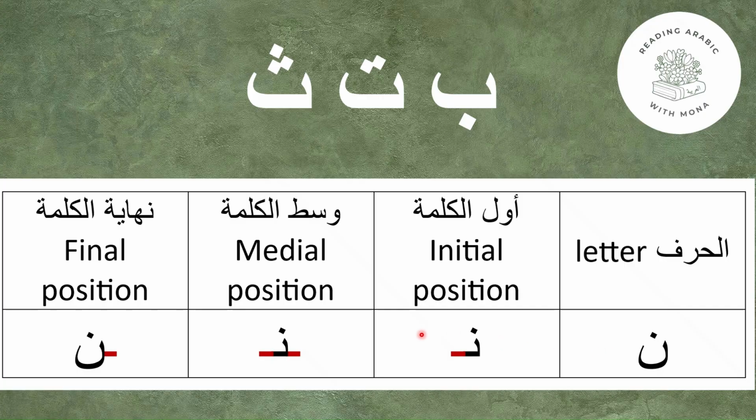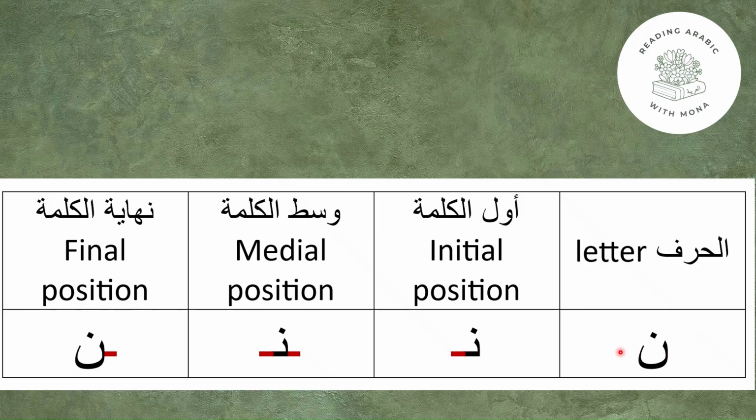When they are in the initial and medial position, they have the same pattern. We get rid of the space regarding the Ba, Ta, and Tha, and here we get rid of the curve, and of course in all the letters we get rid of the second edge just to fit in and connect with other letters in a word.